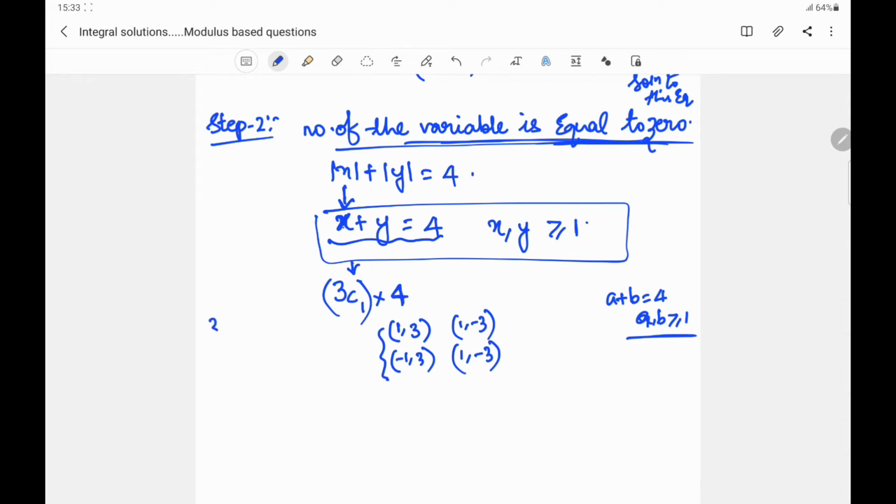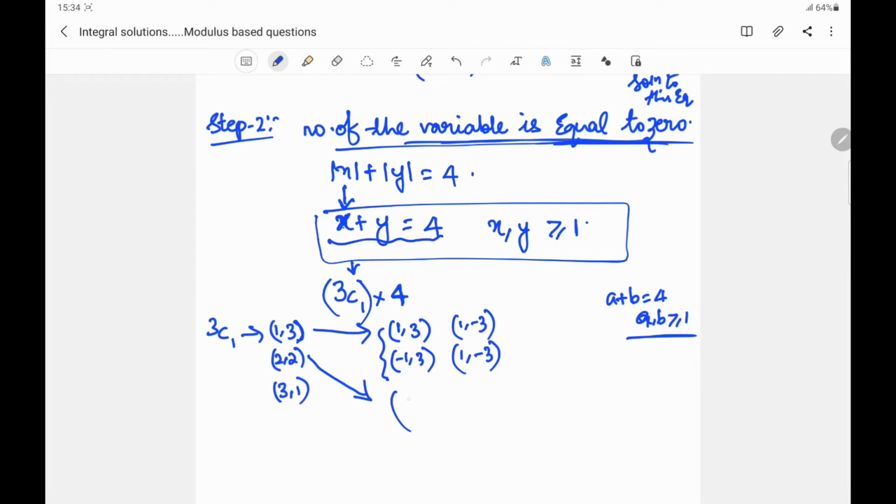Initially, 3C1 means one of the solutions was 1, 3, and the other solution was 2, 2. Similarly, the other solution was 3, 1. So these are the 3 solutions to that. But here, 1, 3 can be written in 4 ways. Similarly 2, 2, because here we are dealing with modulus.